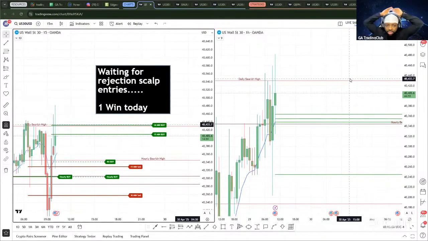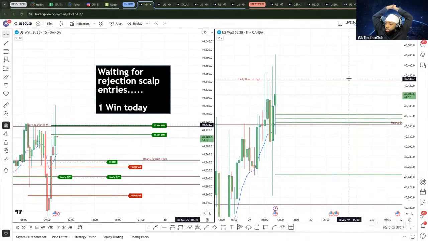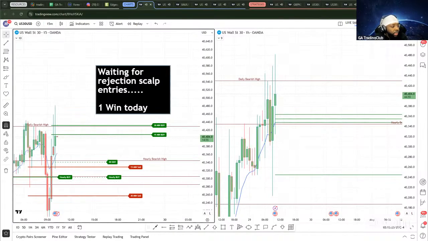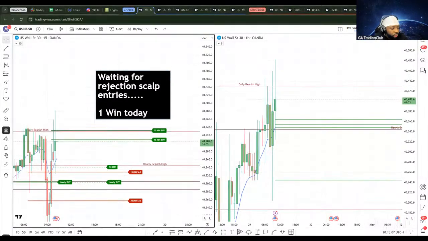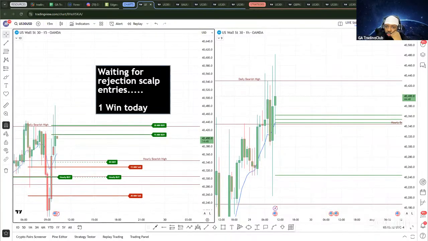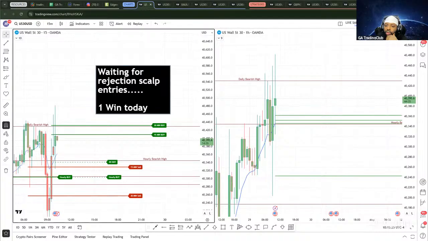Okay. I think for this one, this might be it for the day because I do not see any other levels. I haven't traded gold in forever, but we might have an entry on gold.